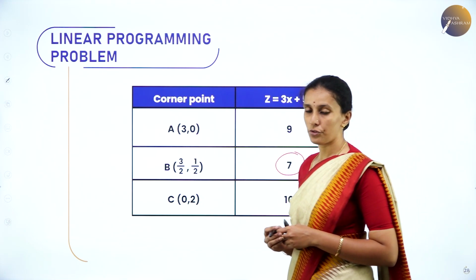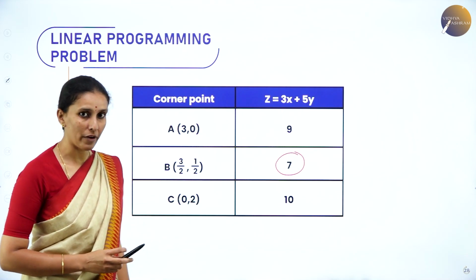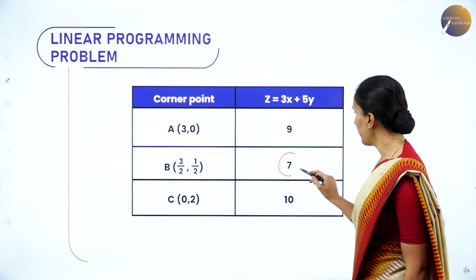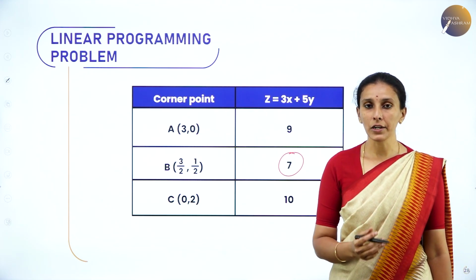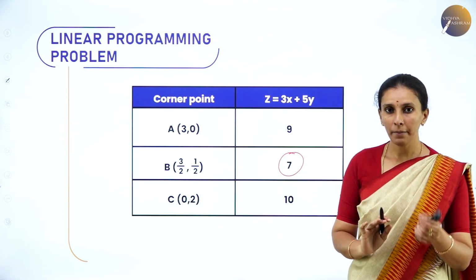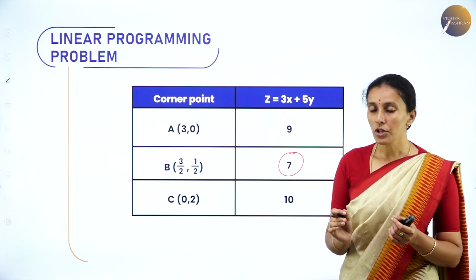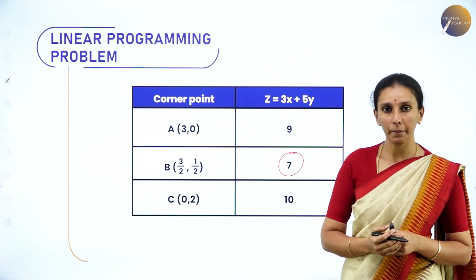So what are we supposed to do now? Recognize the minimum value 7 and take the objective function. Once you get the minimum value, you cannot conclude that 7 is the minimum value of Z at the given points. In an unbounded region, it is not so easy to find the maximum or minimum value as we did in the bounded region.